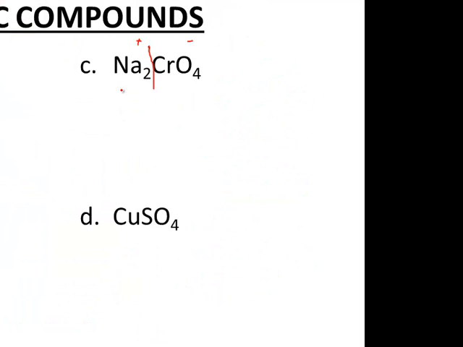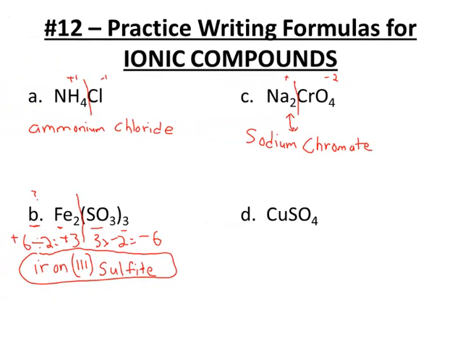So chromate, so sodium, group 1 element, is always just going to be a +1, and chromate, CrO4, is going to be our negative. Sodium chromate is always a -2, so it's a +1. So if we were to crisscross those, sodium would be 2, chromate would be 1. So we can move back and forth between the name and the chemical formula.